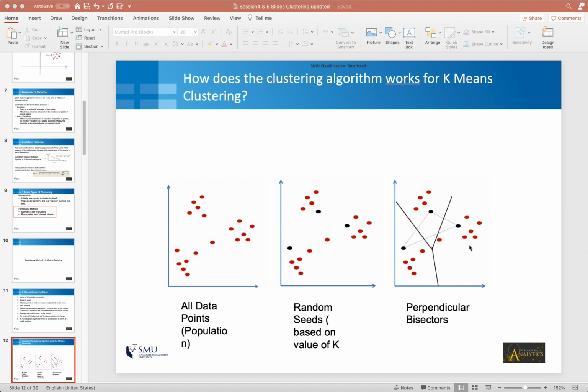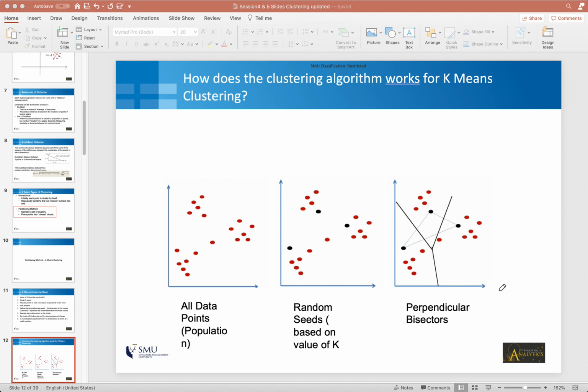Here visually we have done the same thing by using perpendicular bisectors, which are just a geometric way of dividing the space into 3 parts using a bisector of a line drawn between the centers. But you don't need to worry too much about this, because like I said, it is simply to calculate the Euclidean distances from all 3 centers and then assign the observation to the closest seed.